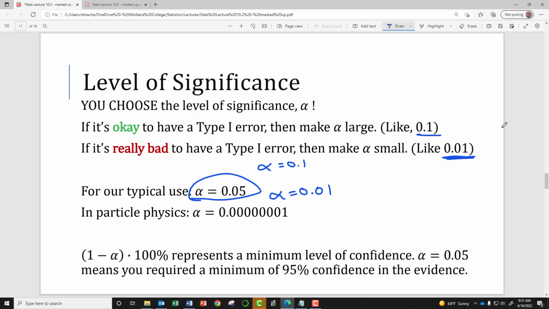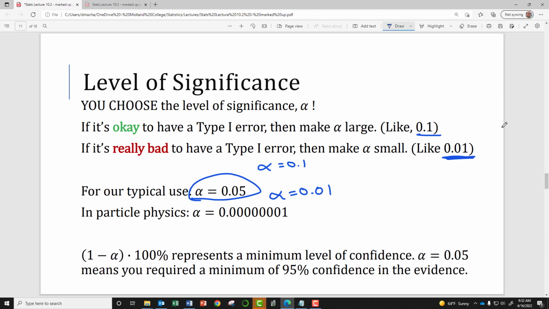I know that in particle physics, for example, if you're a physicist working at the particle collider in France, at CERN, I think what they typically use, if you wanted to demonstrate evidence for a new theory of quantum physics, their level of significance is going to be very, very, very, very small.